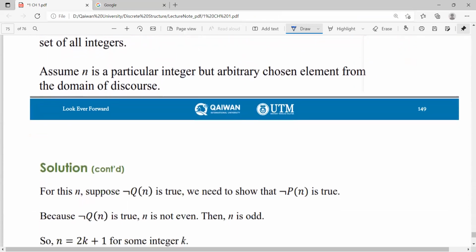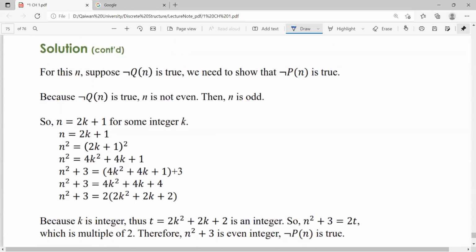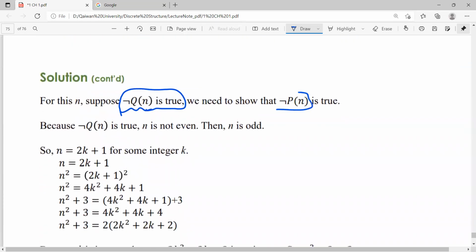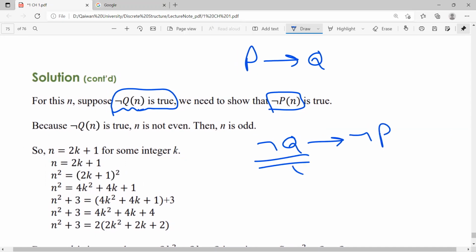That's n is an odd integer. Look, if negation Q of n is true, then we need to prove that negation P is true also. We have given P then Q. To prove P then Q by using indirect proof, we are going to take the negation of Q, then negation of P. If this is given, we are going to prove that negation of P is true.